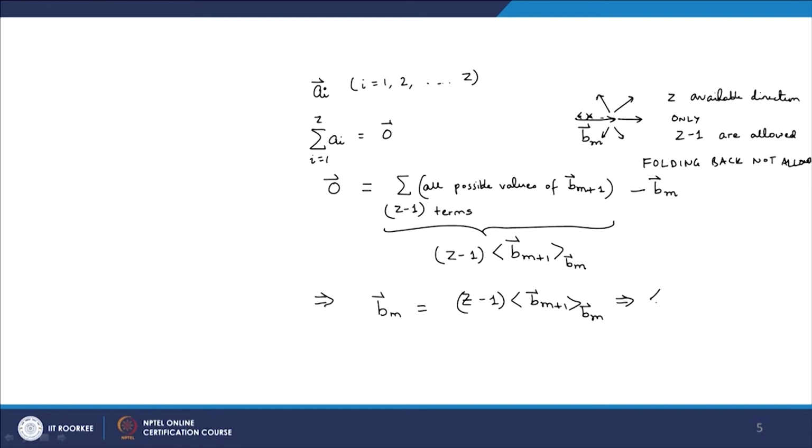What this means is Bm plus 1 averaged for a given value of Bm, which is given, is equal to Bm divided by z minus 1. Okay. And now let us see how it affects our results. So, now again, if I take Re squared and its ensemble average, we will have sums of this sort.